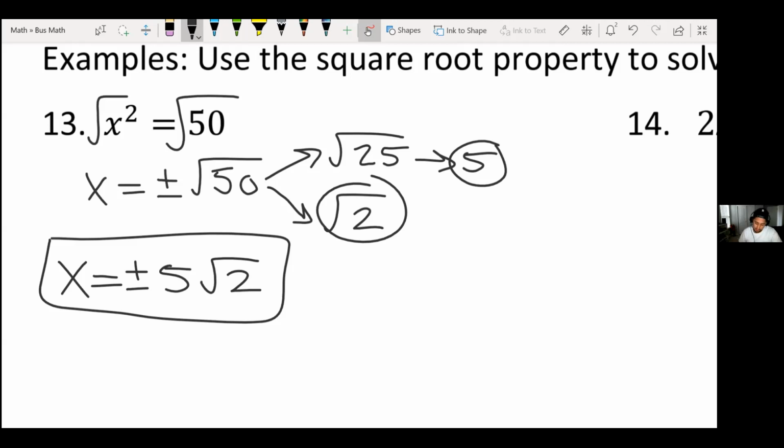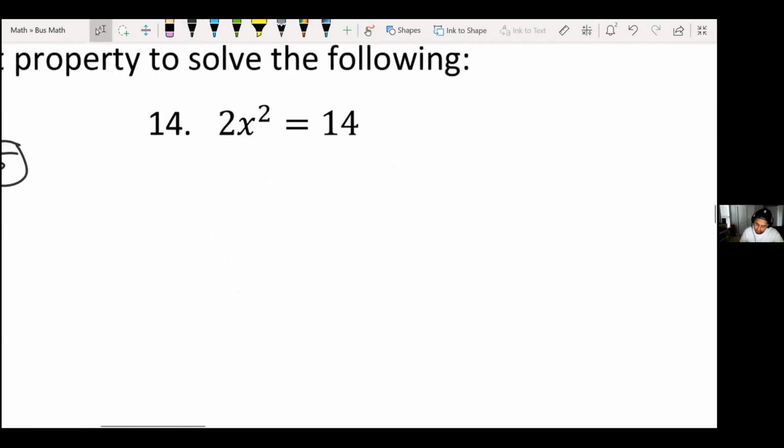All right, so there we go. Move over to 14. Okay, same concept. We want to solve for x, but if we're going to use the square root method, it needs to be in the form of x squared equals some number b. So x squared has to be by itself.